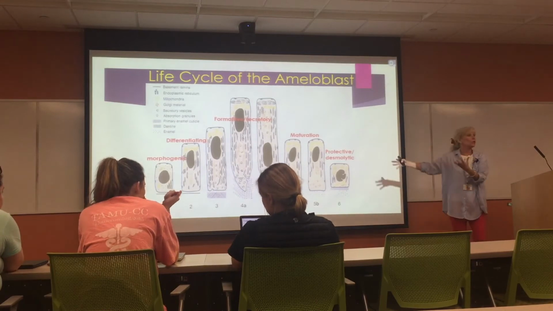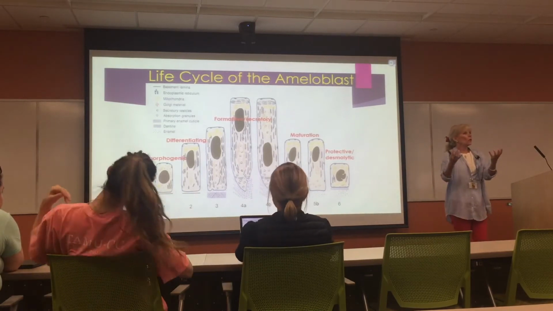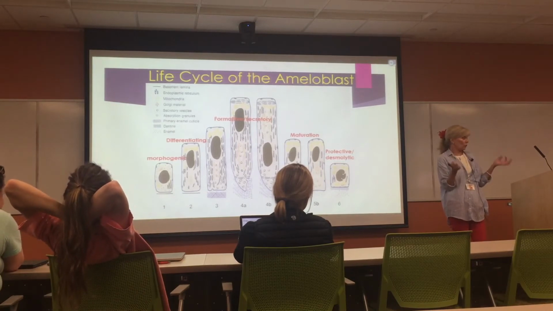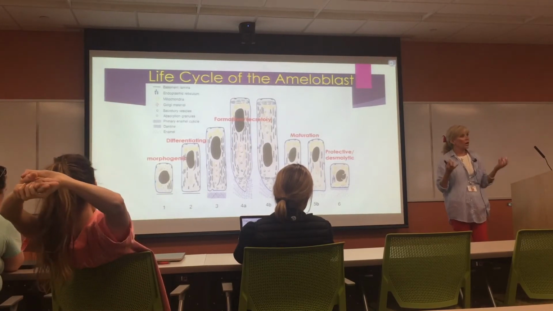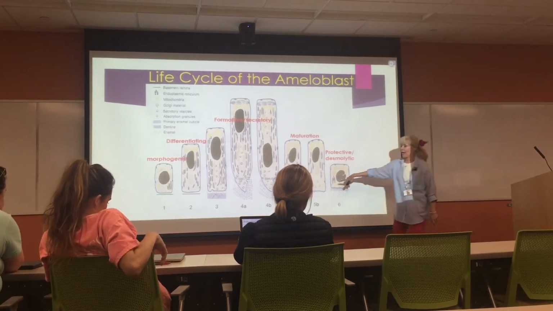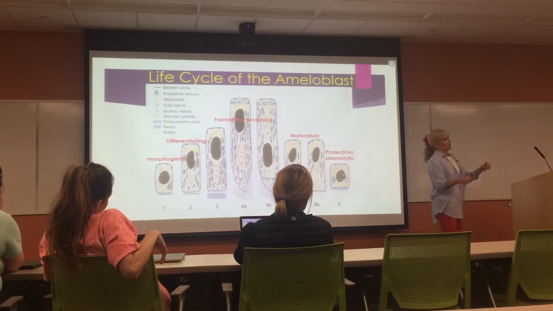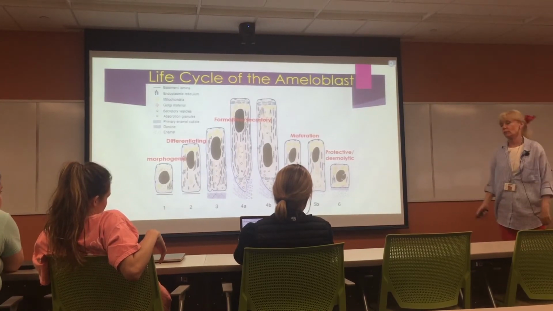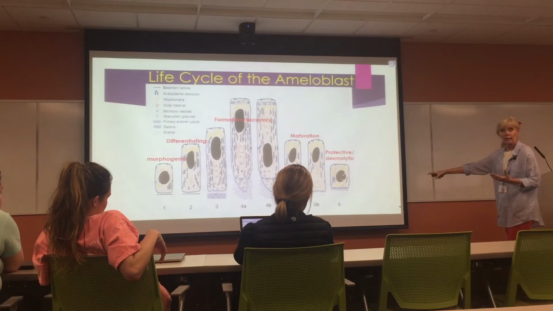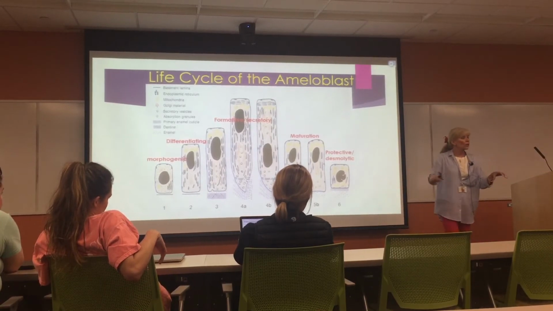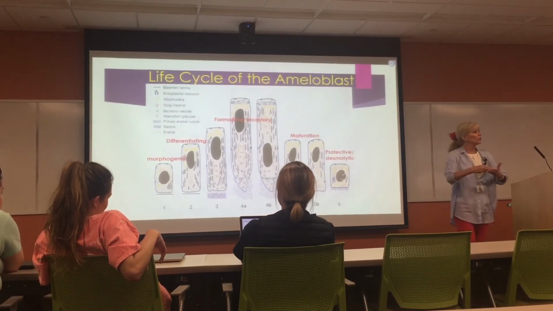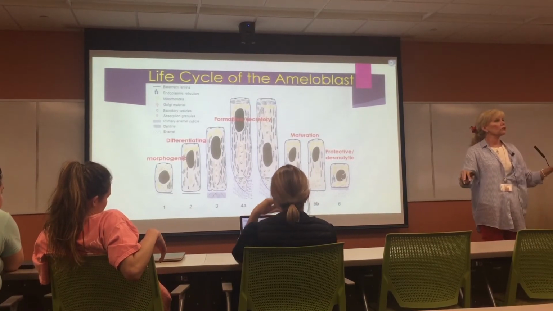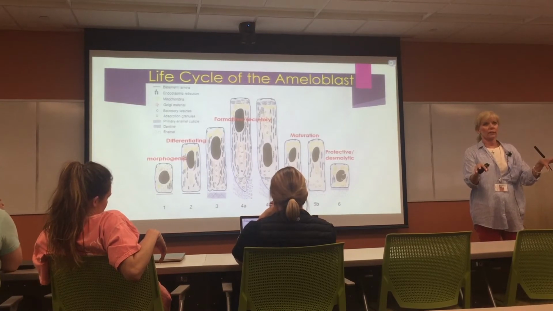We need to take those out because we want to harden the enamel. We don't want it to be soft and full of protein. So which ameloblast removes the proteins? Smooth, remember, smooth removes. And the ruffle-ended one puts on the little ruffle petticoat, and he is going to secrete the calcification, the hydroxyapatite crystals that are going to harden it, okay?